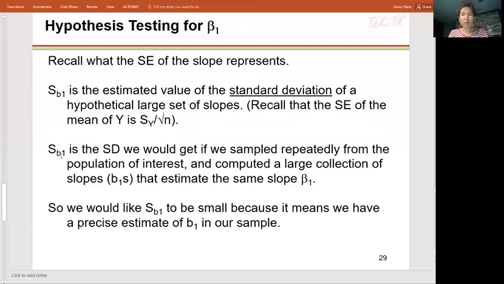It's the standard deviation we would get if we sampled repeatedly from the population of interest. I already told you, like one jar has 10,000 bowls, and then you get 100 sample means. We would like the standard error for slope to be small because it means we have a precise estimate of slope in our sample.